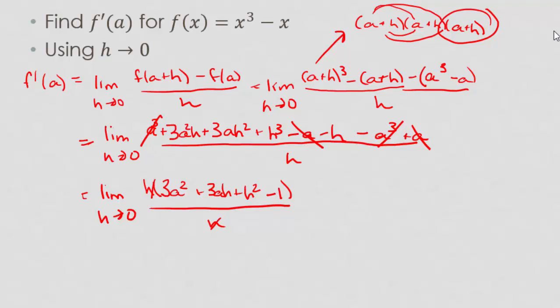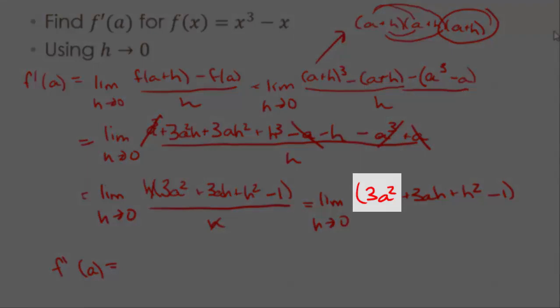So I'm left with the limit as h approaches 0 of 3a squared plus 3ah plus h squared minus 1. Now that I have no denominator, this is now eligible for direct substitution. Everywhere I see h, I can now plug in 0. So my first term has no h, it stays the same.